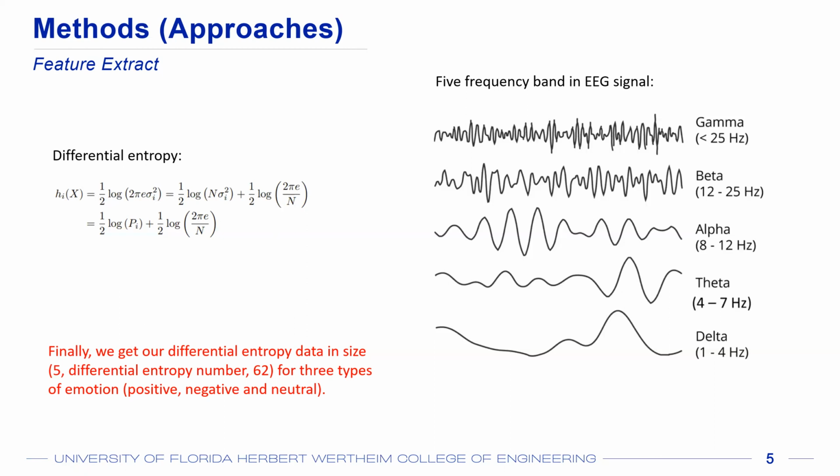And finally, we get our differential entropy data of size 5, representing the 5 frequency bands, and 62, representing the 62 channels, for 3 types of emotion: positive, negative, and neutral.